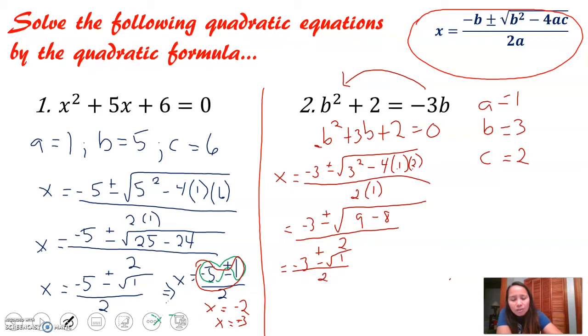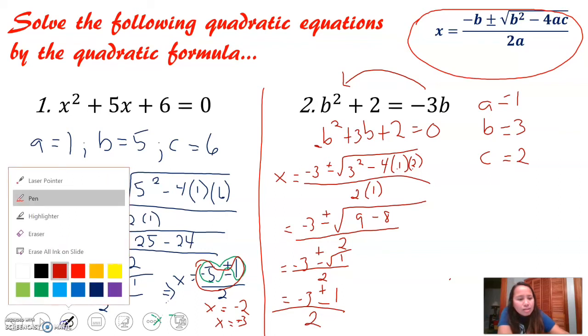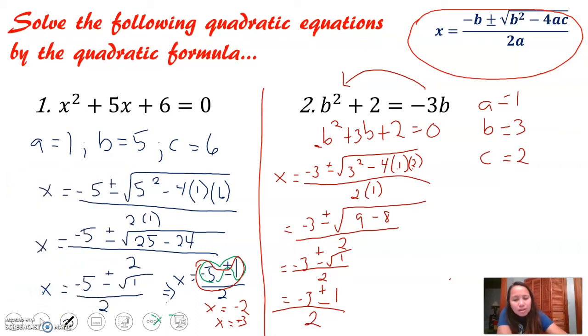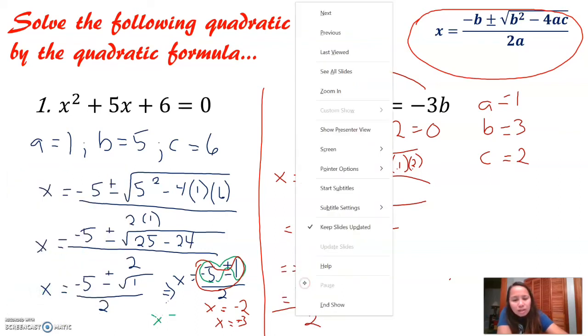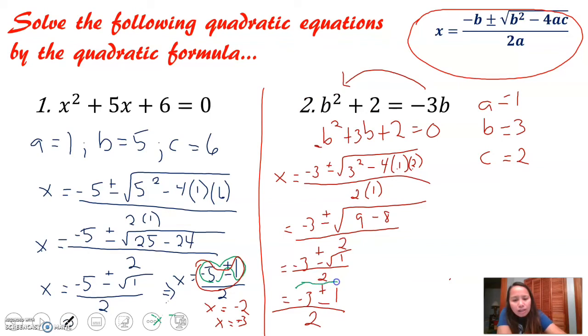So the square root of 1 is, when I get rid of the square root symbol, it gives me 1. Now the same thing, I'm going to operate on -3 plus 1.